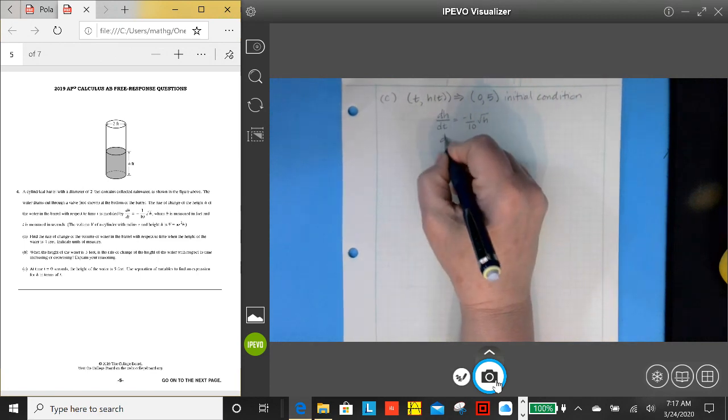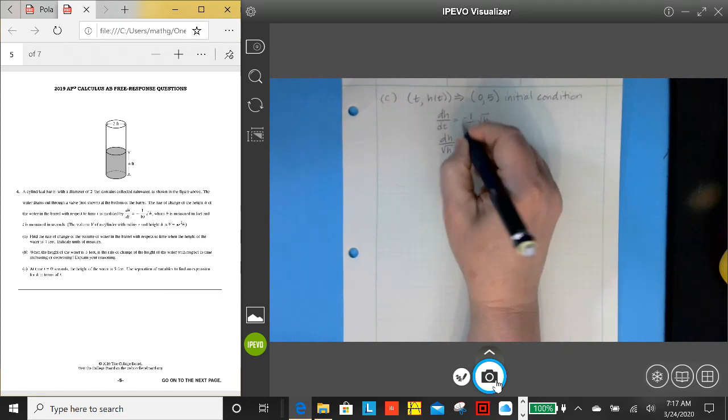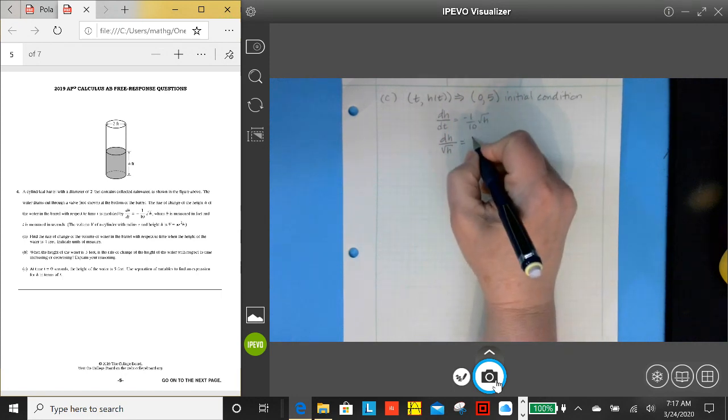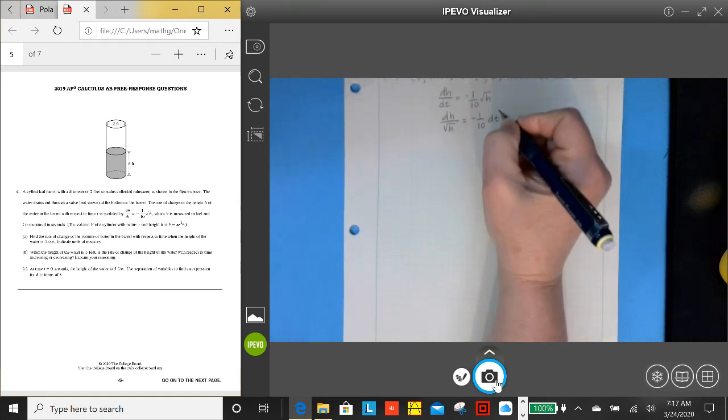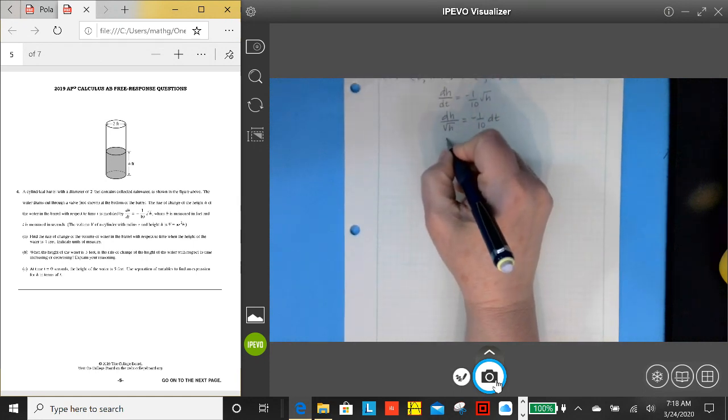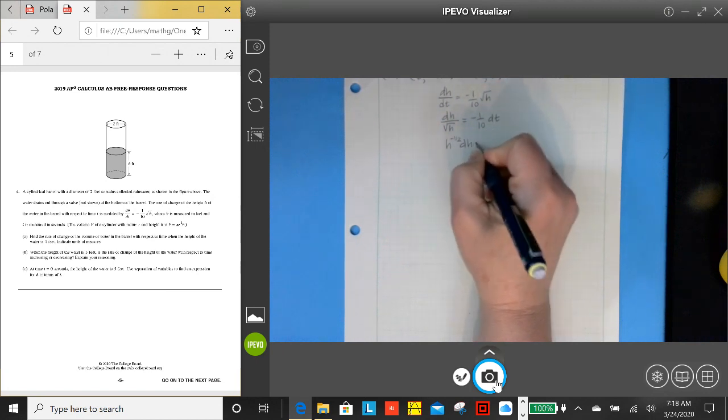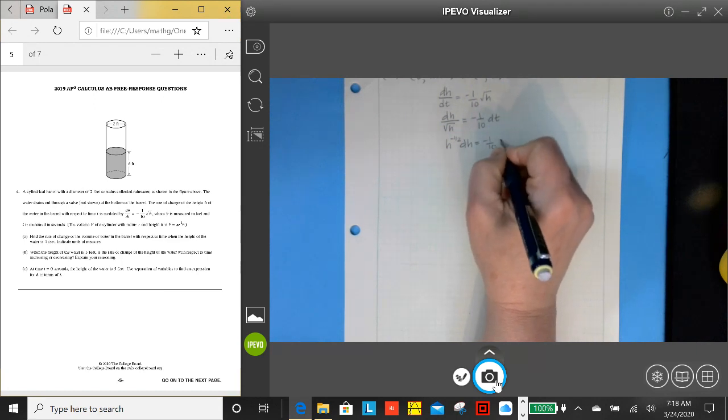So I'm going to get dh over the square root of h, and leave the constant on the right, -1/10 dt. And then I'm going to rewrite this in exponential form. So this is h to the -1/2 dh equals -1/10 dt.